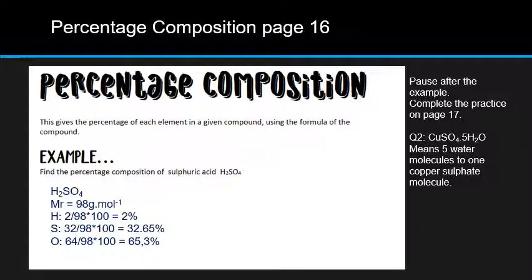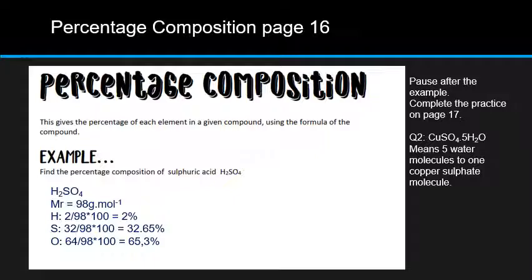Then you are going to pause this video and do the practice on page 17. Guys, it's super simple. It's really not that difficult whatsoever. Just please try, and you will see that question 2 has a weird abbreviation or notation. It's got copper sulfate and then a little period, and it says 5 molecules of water.